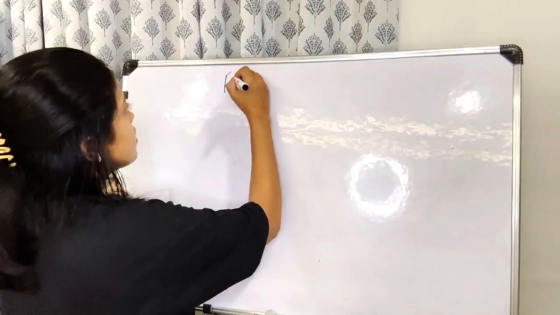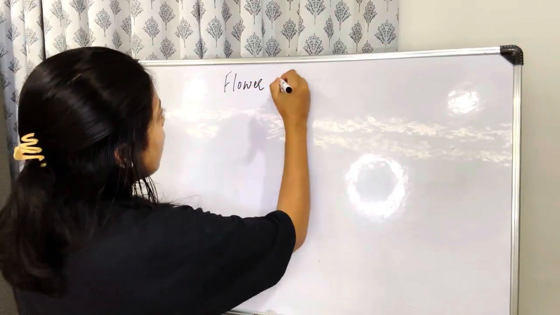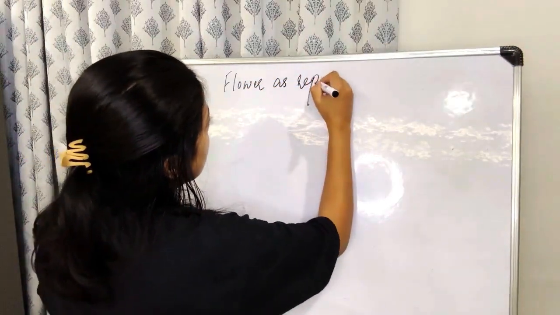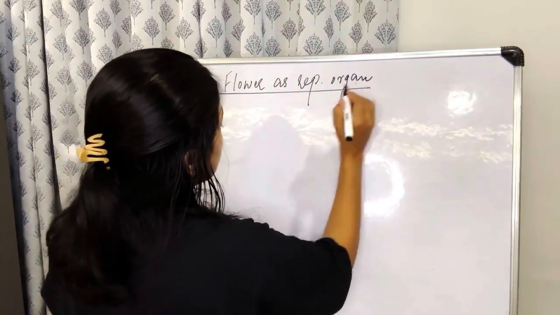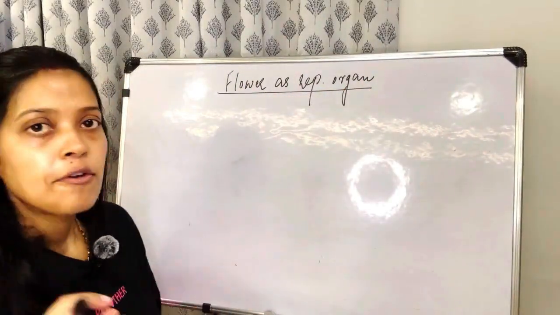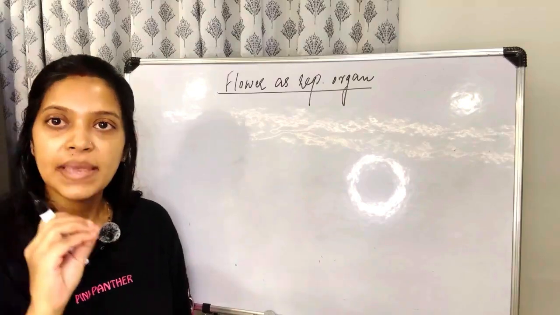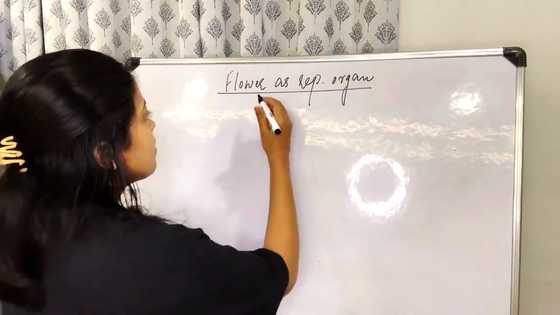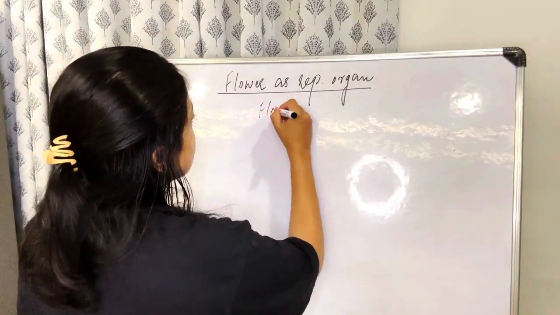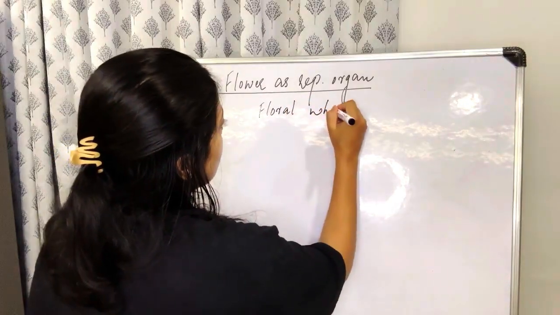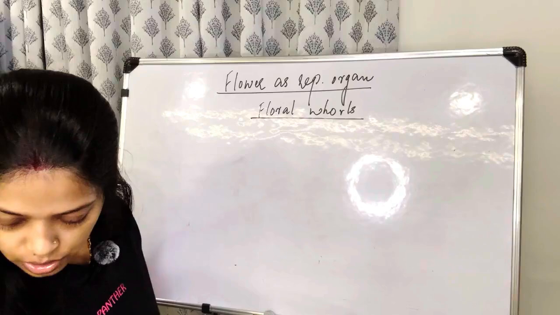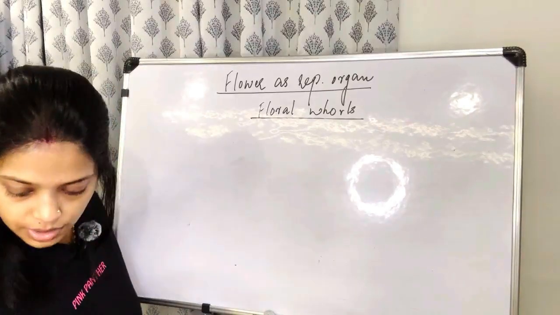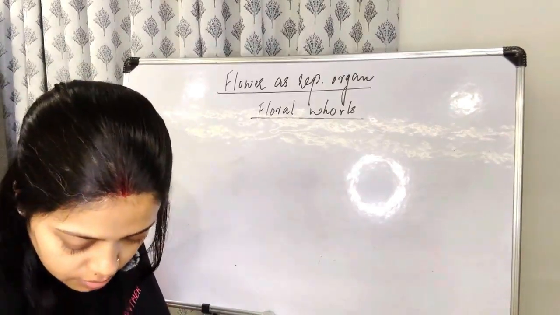Now, flower as a reproductive organ. So, flower has four major parts. That four major parts, we call them as floral whorls. I will make the figure of a flower to show you these four important floral whorls.